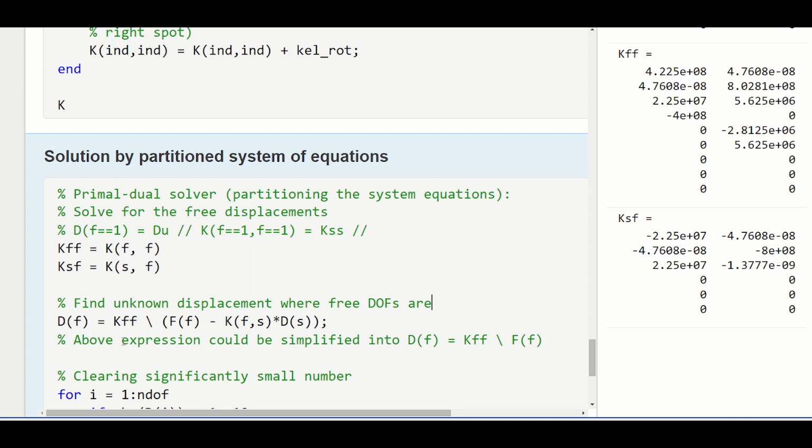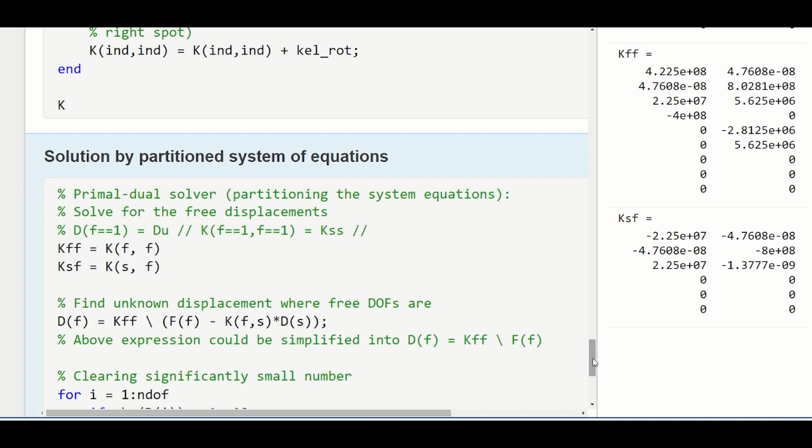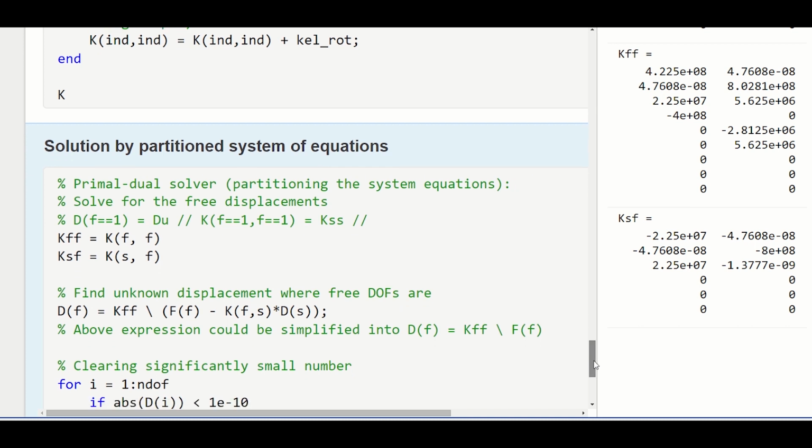the inverse of kff. So then times by the force vector of the free degrees of freedom minus kfs times the ds. However, ds is all 0, so it can be simplified into df equals kff inverse times ff. So this gives you all the displacements for the free degrees of freedom, but some values are just too small, making it quite tedious to look at.